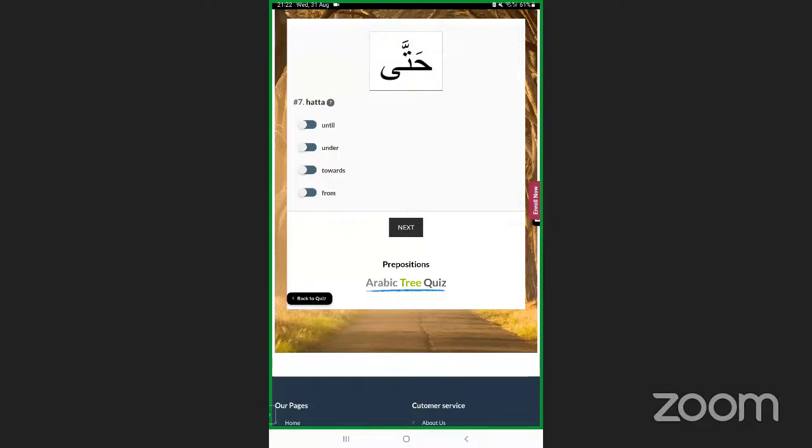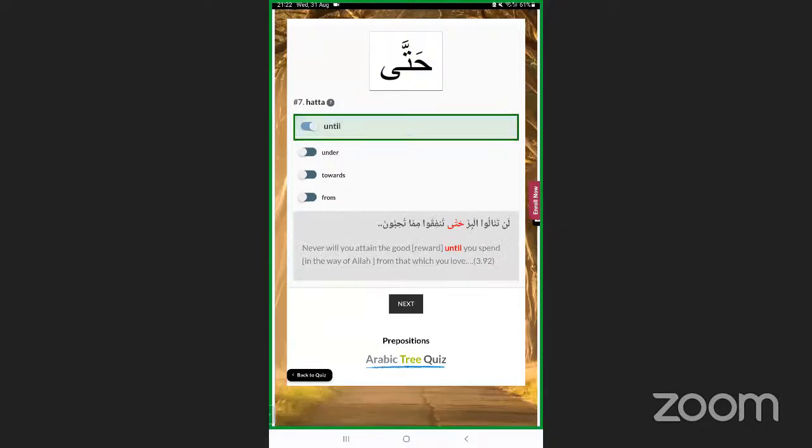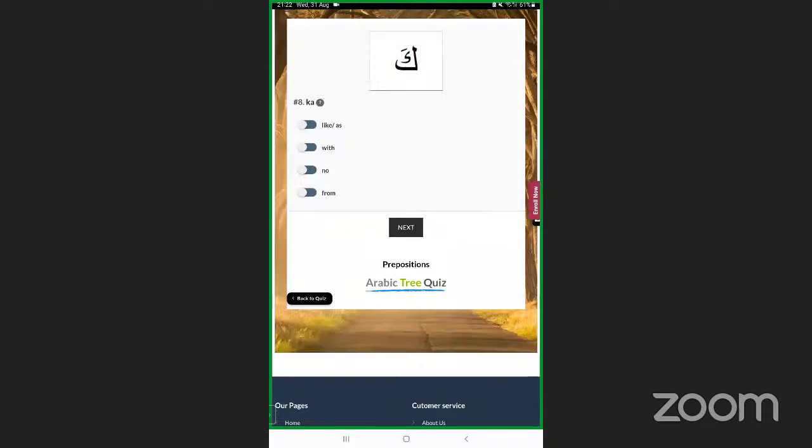Hatta is also used in Urdu: he tortured so much that hatta he went mad. Until. Ka is also one of the prepositions. Ka means like, as, jaise ke.